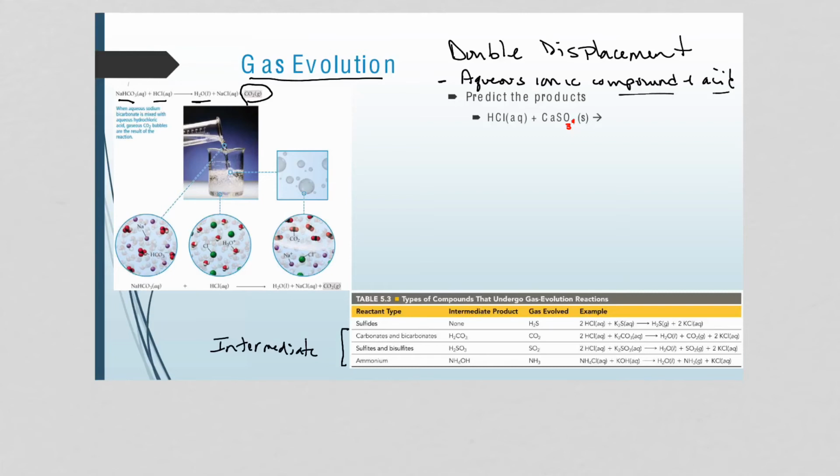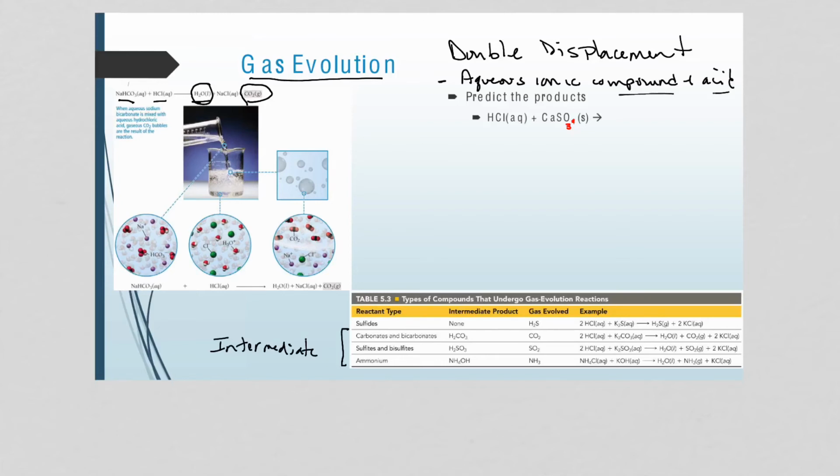But if we look a little deeper, before we get to the formation of the water and the carbon dioxide, if we look at the double displacement, what we see is the initial formation of the intermediate we were talking about.